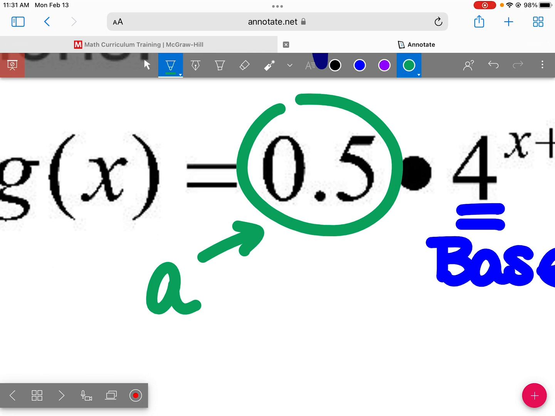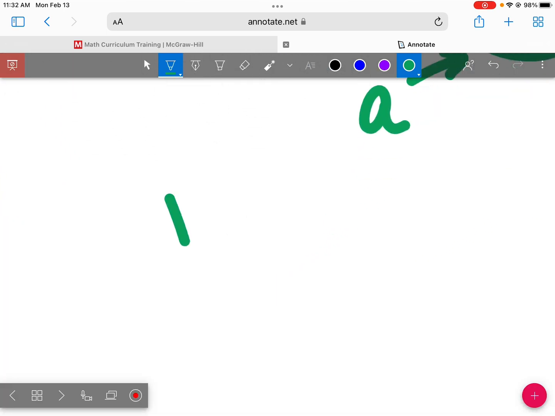Notice we're always multiplying by A. If I multiply something by 0.5, does that give me something bigger or smaller? Smaller. So would this be a vertical stretch or a vertical compression? Compression. So this is going to be vertically compressed by 0.5.